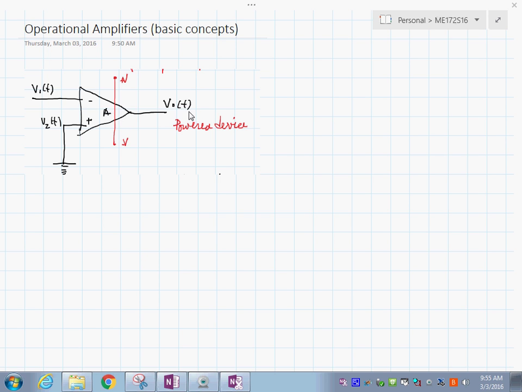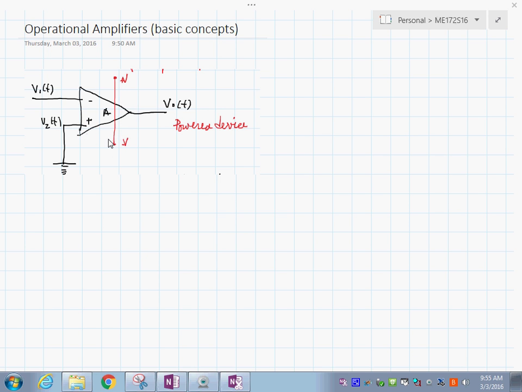Let me just put in here, I am assuming that the voltage across this V is the ground, a reference 0 voltage.